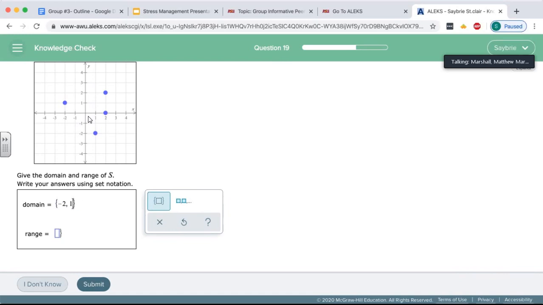There you go. Yep. All in one bracket. And then the range, all those numbers that we did. So -2, 0, 1, and 2. There you go.